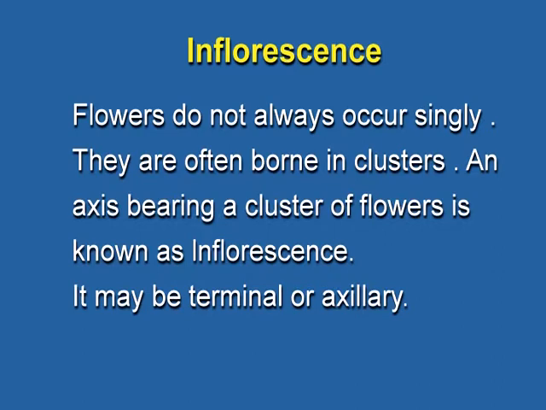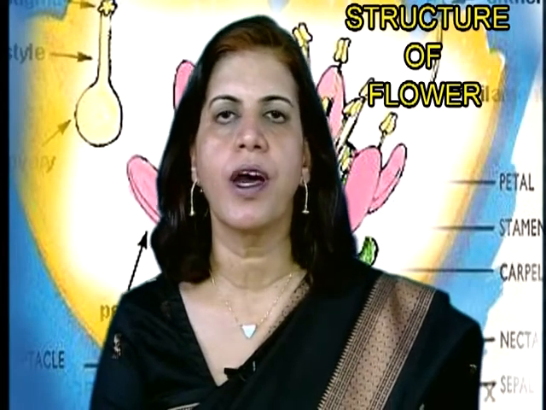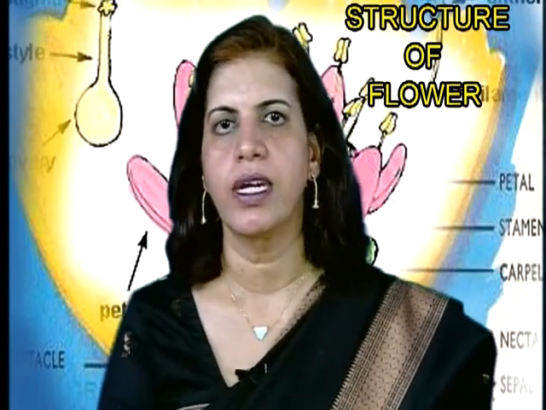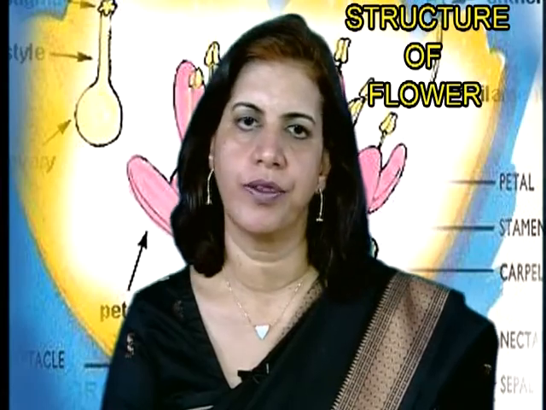So, an axis bearing a cluster of flowers, or an axis producing a bunch of flowers, is known as inflorescence. Inflorescence may be terminal or axillary. That means the flower may be present at the tip or in the axil of a branch.